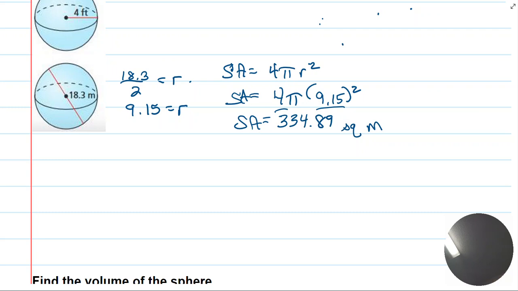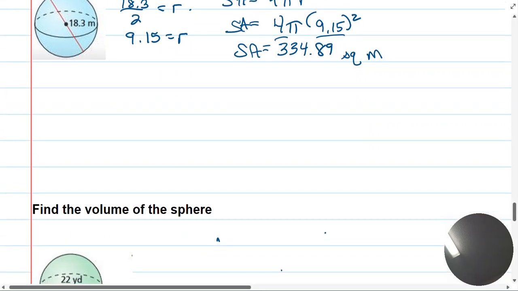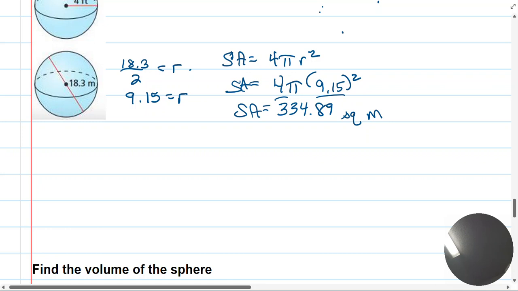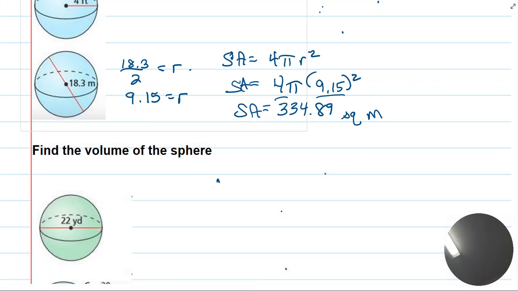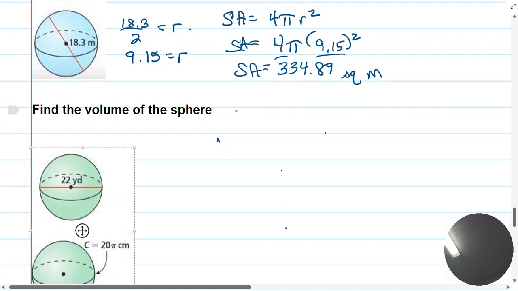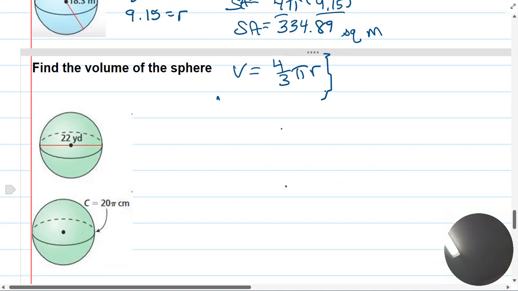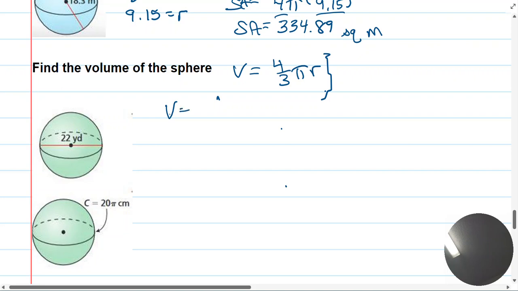Want the volume of a sphere? That's 4/3 pi radius cubed. Don't have a height. So our volume here, we're going to have 22 divided by 2 for the radius. 11 is the radius. Is everybody good with that?